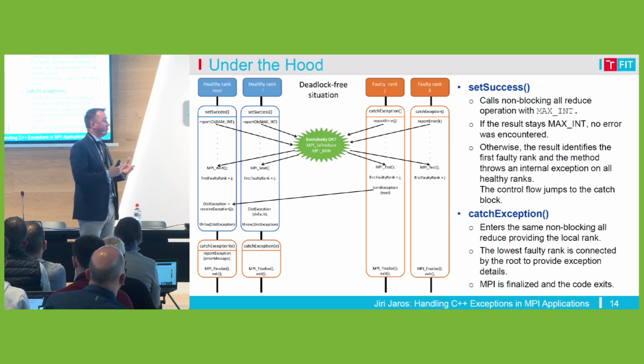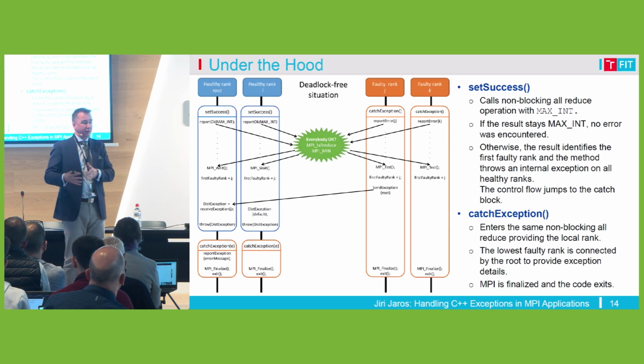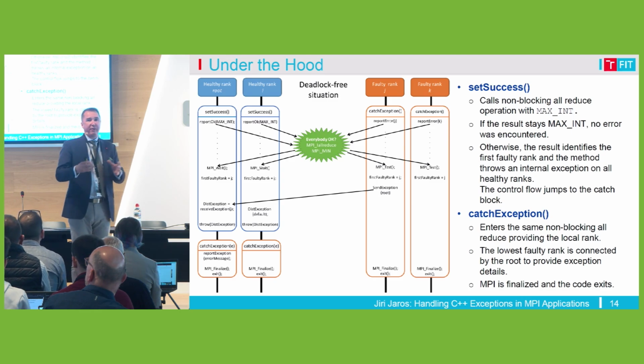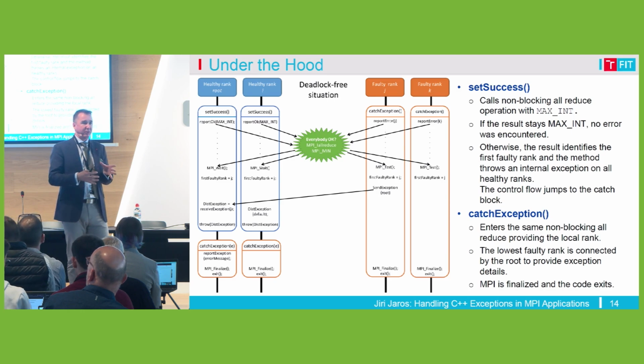If the application is not deadlocked, it's typically rank with number 0. So basically we pack all information into a single message and send it via MPI send to the root rank. A root rank will just open the message, create an instance of distributed exceptions, and throw it.